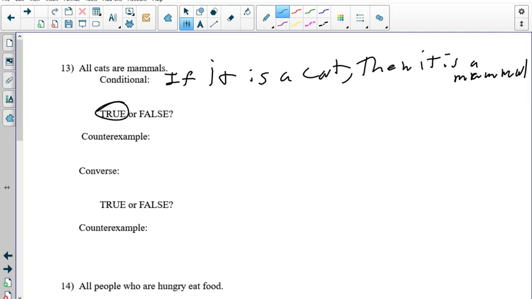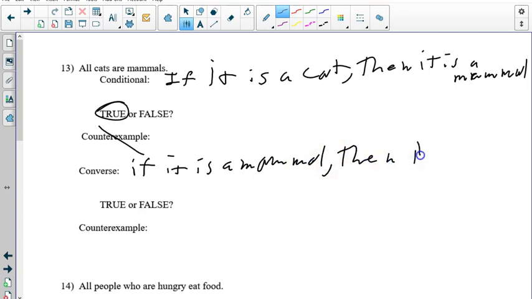A counterexample. Now, since this is true, there is no counterexample. Now, the converse is switch them. If it is a mammal, then it's a cat. Well, that's false. And you can just say if it's a dog.